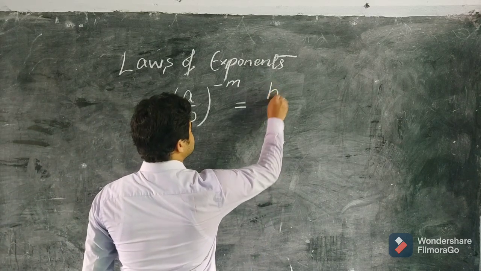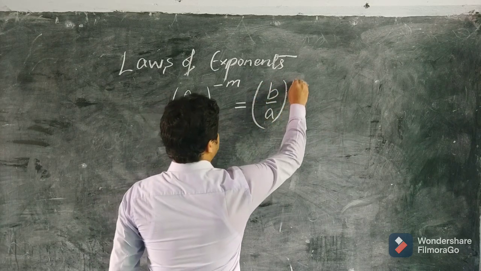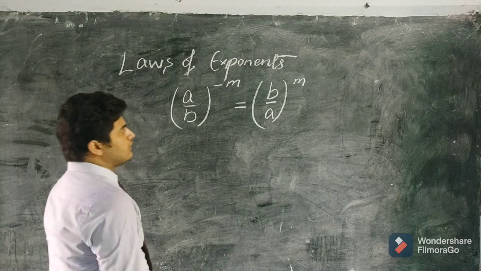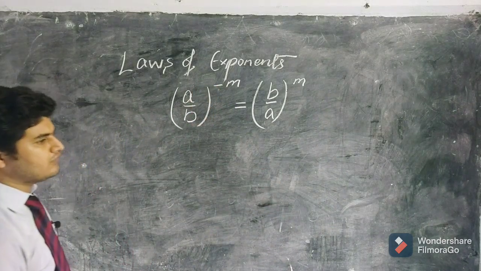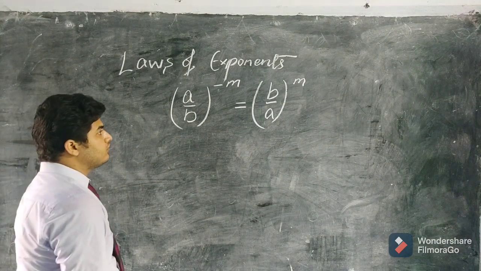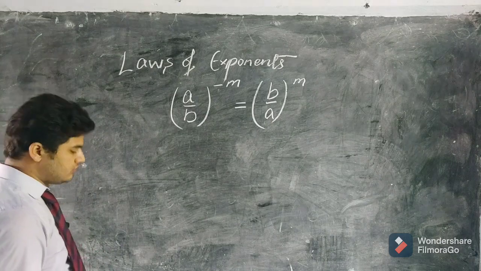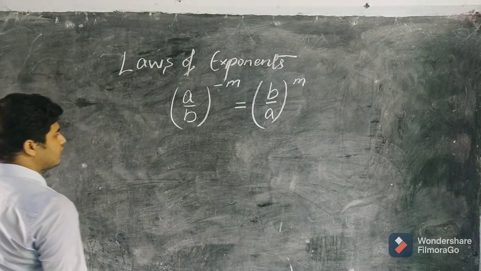So it can be written as b by a raised to the power m. The negative sign will do the reciprocal of the fraction.